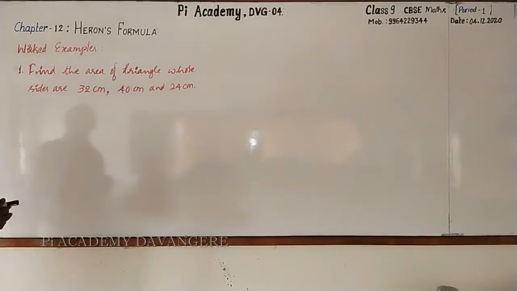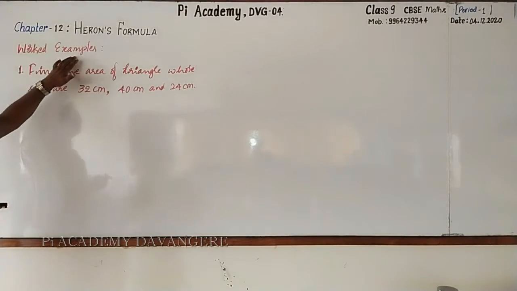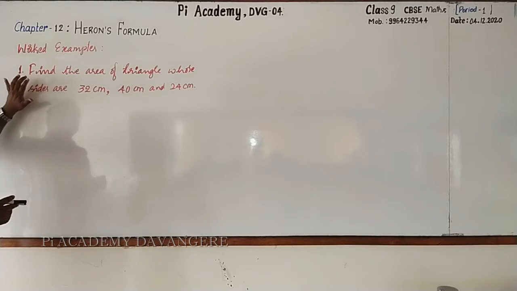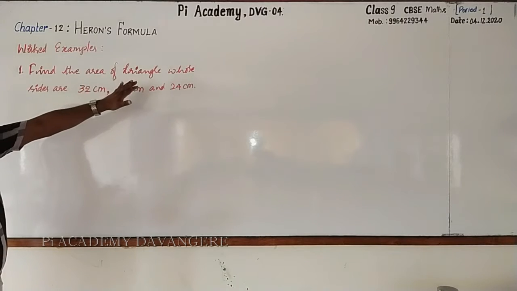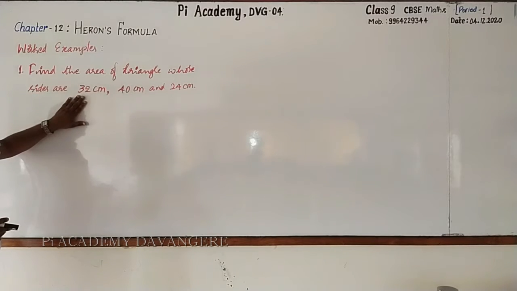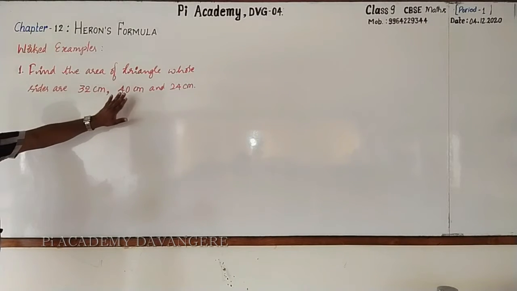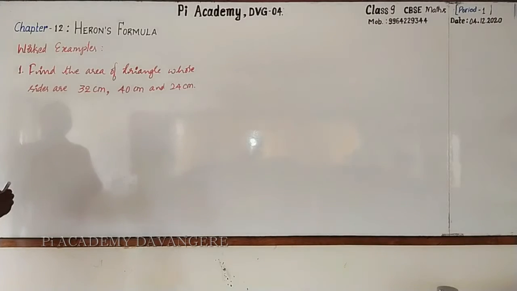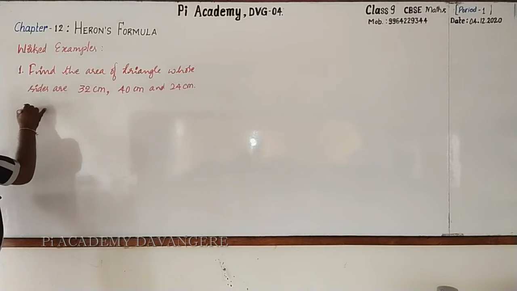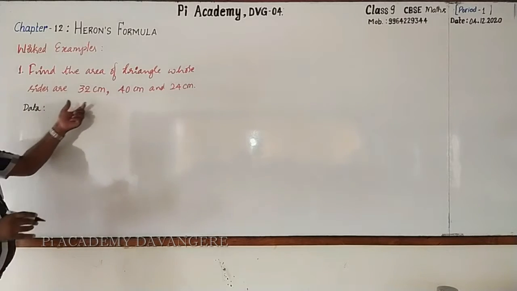Yes. Dear students, now we are moving to some of the worked example. In that, I have written first one. Please go through this. Find the area of a triangle whose sides are 32 centimeter, 40 centimeter and 24 centimeter. It's very simple. Here first let me write the data. They have given the sides.